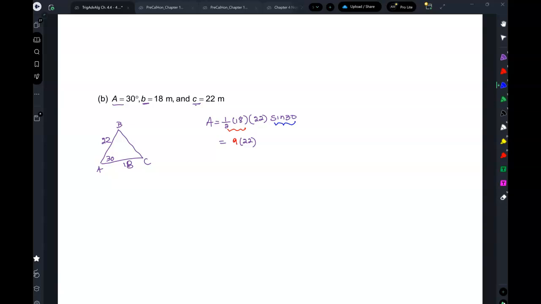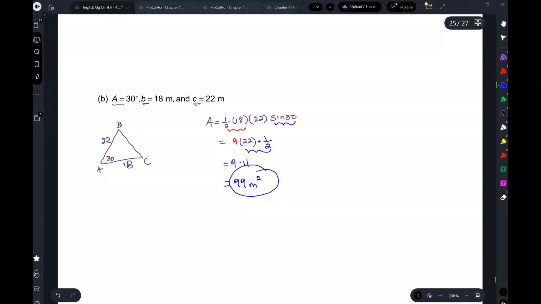You know. 30 is pi over 6. What's sine of pi over 6? Is it 1/2 or root 3 over 2? 1/2. Okay, so now, what's 1/2 of 22? 11, so this is 99 meters squared.